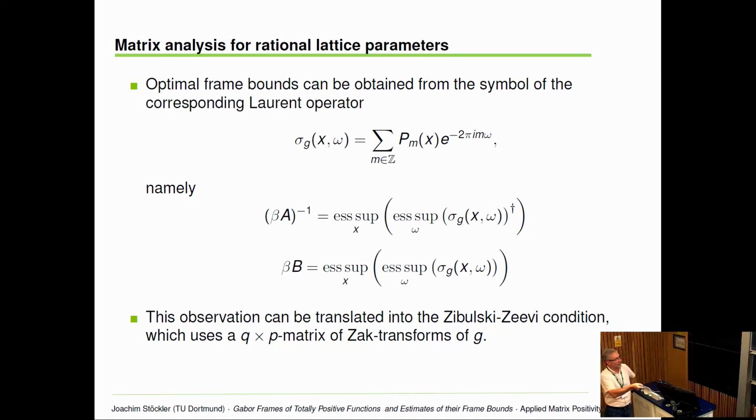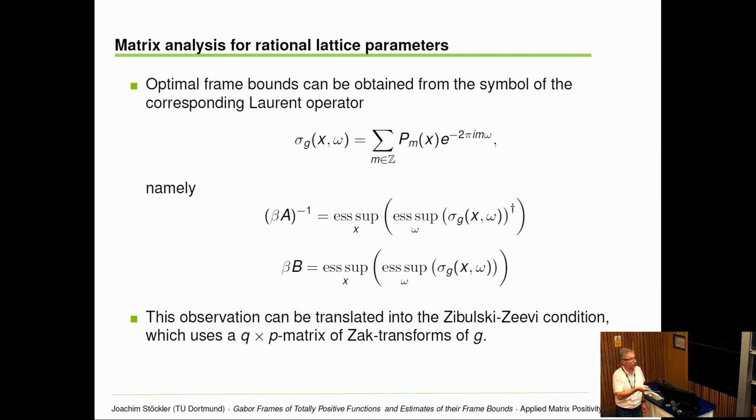Except what you see is a dagger for a Moore-Penrose pseudo-inverse. So this is a q by p matrix. For the upper bound, you take the usual sup over both variables in order to get the upper bound of this Laurent operator before, and then you have to multiply with the beta in order to connect with the Gabor frame properties. For the lower bound, you cannot take inverses, but you can take Moore-Penrose inverses.